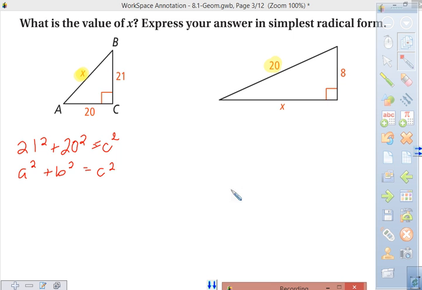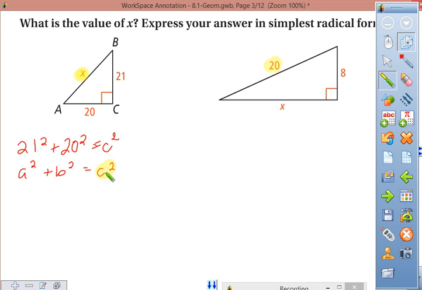Opposite of side A is 21. Opposite of side B is 20. Opposite of side C is x. So I'm going to follow that. A squared plus B squared equals C squared, where C has to be the hypotenuse. So 21 squared plus 20 squared equals C squared.